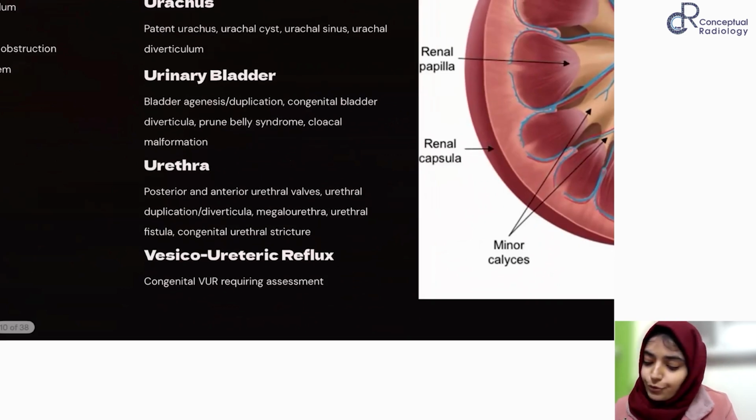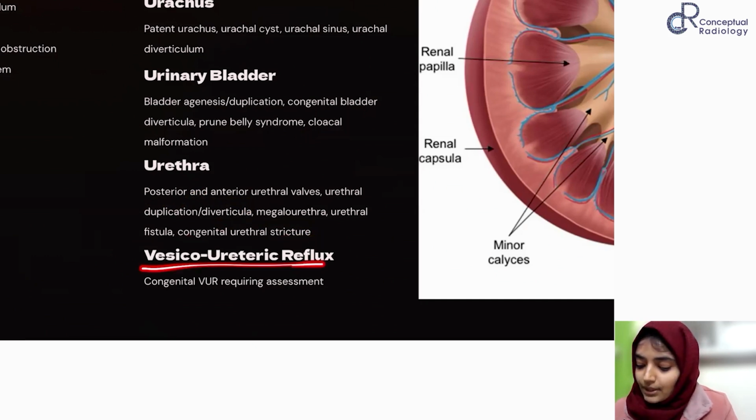Urinary bladder anomalies could be agenesis, duplication, diverticulum, prune belly, as well as cloacal malformation. And in the urethra, we can have anterior and posterior urethral valves or duplication, diverticulum, megalourethra, and certain fistulas, as well as congenital strictures. Related to VUR is going to be congenital VUR.